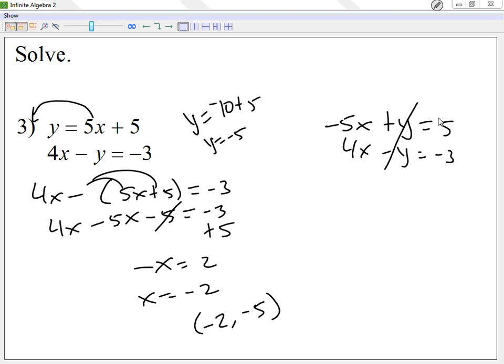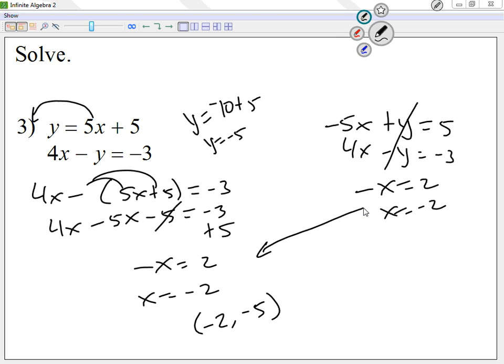The 5 by itself, I'll leave it as positive 5. Only the one with the x moves. So here you get negative x equals 2, x equals negative 2. That gives me the same answer.